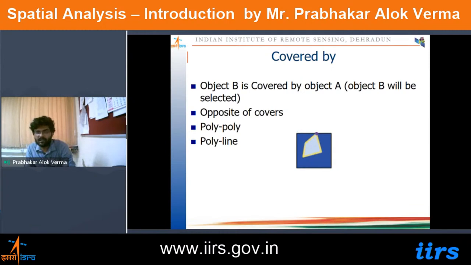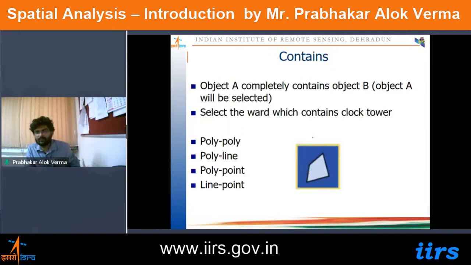The covered by is for the case when there is internal touch. Then comes contains. Here object A completely contains object B. So again this is object B, this is object A. In this case you can see the feature which is outside is getting selected.